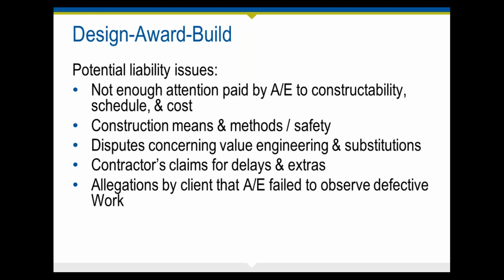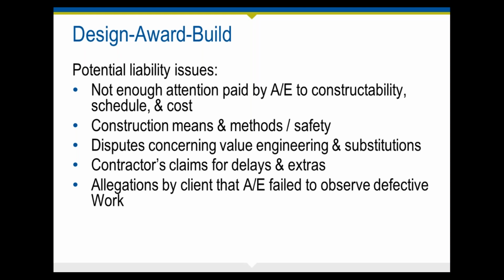During the construction phase, there may be problems that may arise in connection with safety methods. The alleged unwarranted involvement of the design professional in the contractor's chosen means and methods could be a source of conflict. Even though traditionally the AE has no role in construction means and methods, there could still be disagreement about what the appropriate solution should be for the construction.